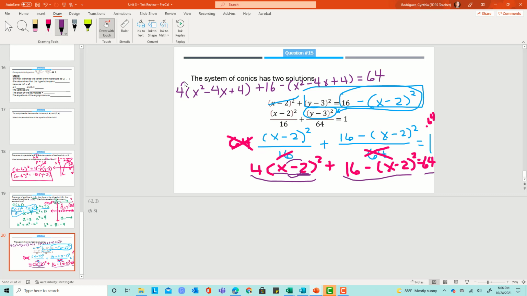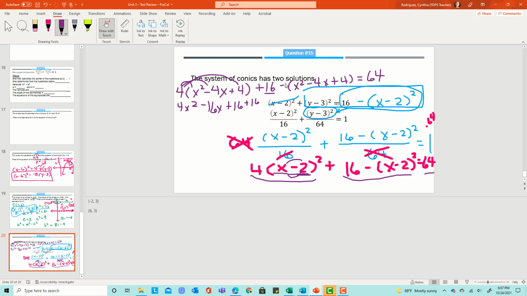Right, and go ahead and distribute that 4 in. 4 times x squared is 4x squared. 4 times a negative 4 is a negative 16x. 4 times positive 4 is positive 16. And then we have plus 16.